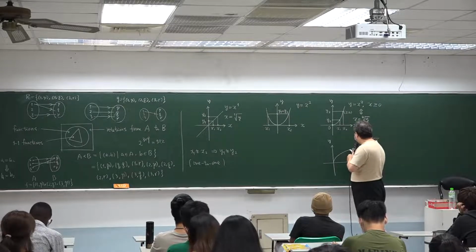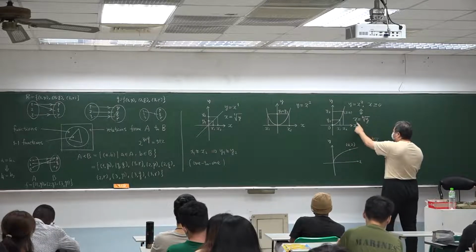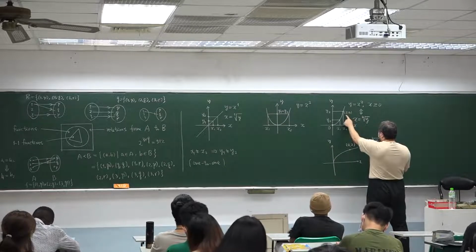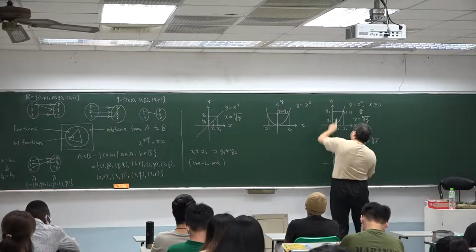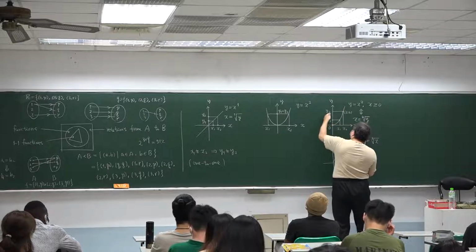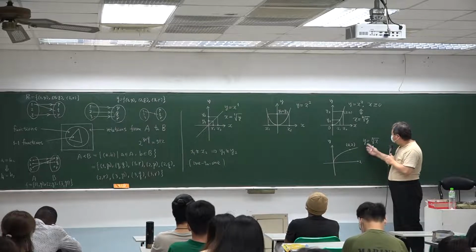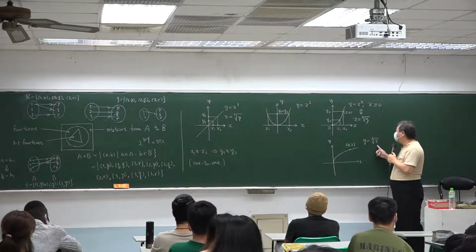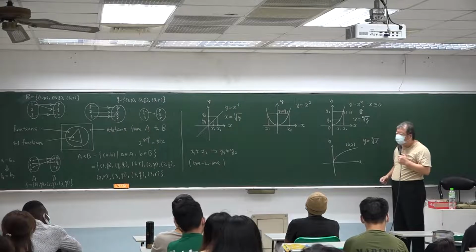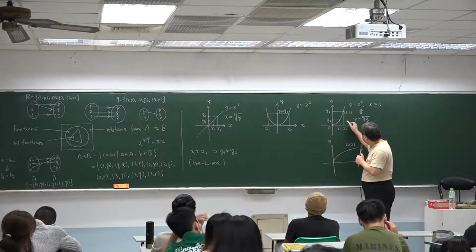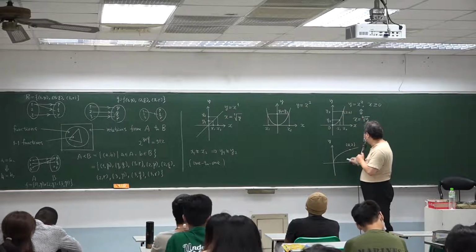If 2, 4 is here, then 4, 2 will be here. Okay, if we interchange x and y, and write 4 as x, 2 as y, in fact this is the same function, but we use x as the independent variable and y as the dependent variable.